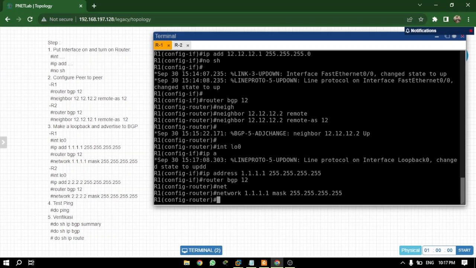Okay, the configuration of the basic BGP routing is done.